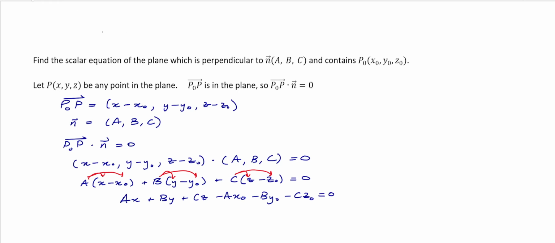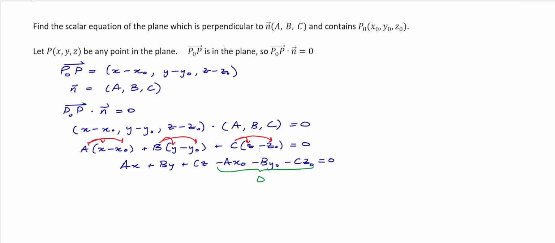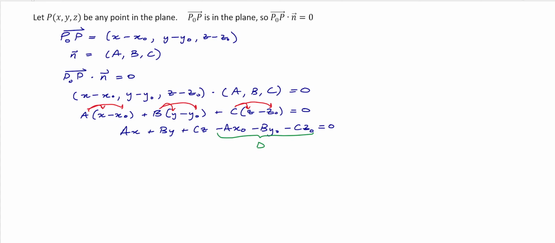Because x naught, y naught, and z naught is a specific point in the plane, all of this right here will be a constant, and that will be constant d. Okay? And so now we can say, more generally speaking, ax plus by plus cz plus d is equal to 0, right?